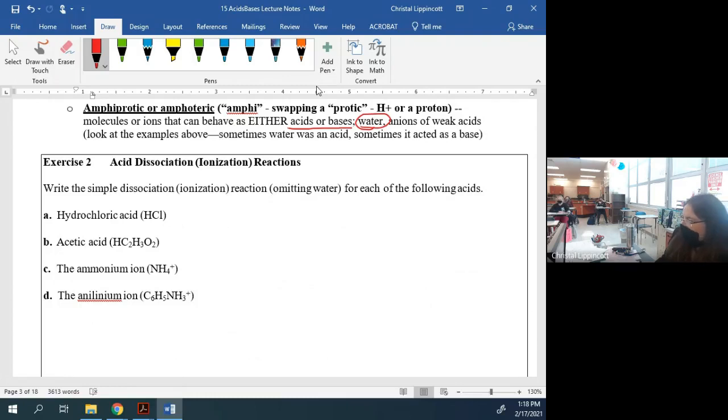So if we were to write the dissociation reaction here for hydrochloric, we are not going to put water in that reaction. Okay? So what would that look like? Well, essentially we're taking our HCl and turning it into ions.